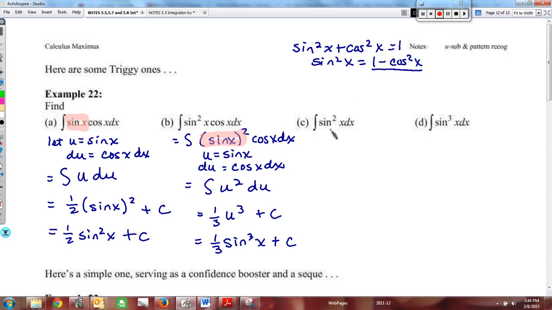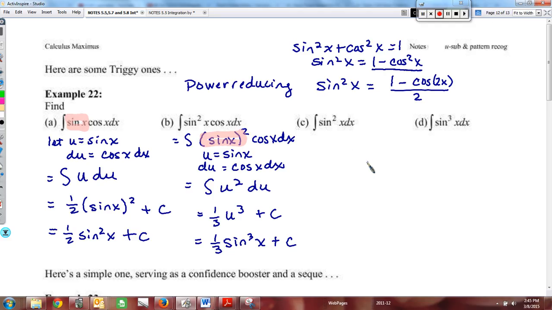The trick to this one is to remember that we have identities called the power reducing identities. And the power reducing identity for sine squared of x is 1 minus cosine of 2x all over 2. That's one of the power reducing identities that you should know from your trig class in prior years.